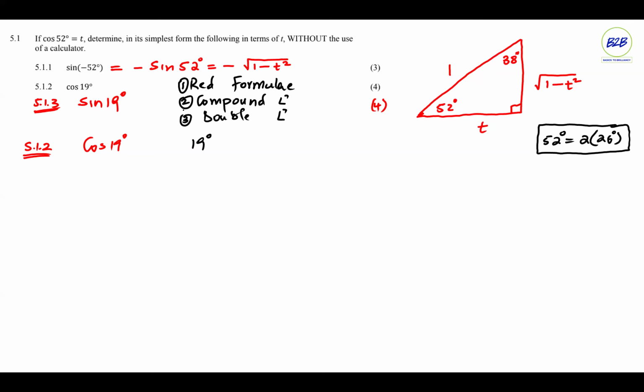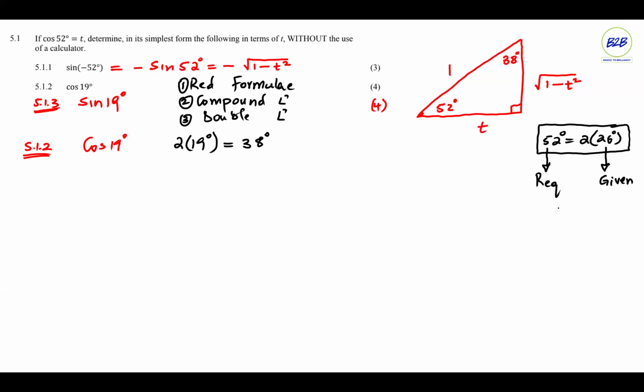We see that, okay, we now need to multiply the required angle as opposed to the given angle. We multiply the required angle to get the given angle, which is 38 degrees. And that is different from the previous example, where we had to multiply the given angle. 26 degrees was given. 52 degrees was required.